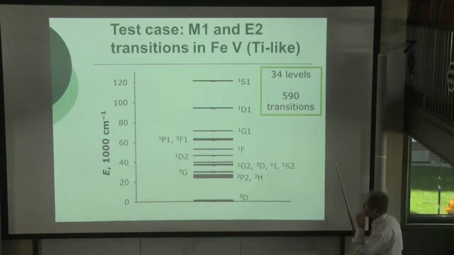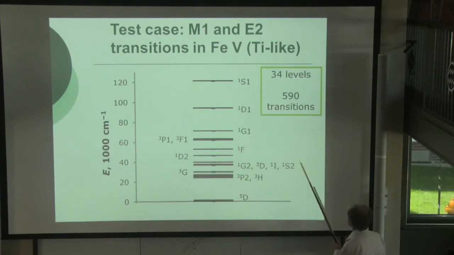Now, the test bed for this method was chosen to be titanium-like iron, which has 34 levels in the ground configuration. And I was calculating magnetic dipole and electric quadrupole transitions within the ground configuration. This was chosen because I already had a very good fitting for this system, and also because these levels are not mixing very much with highly excited ones.